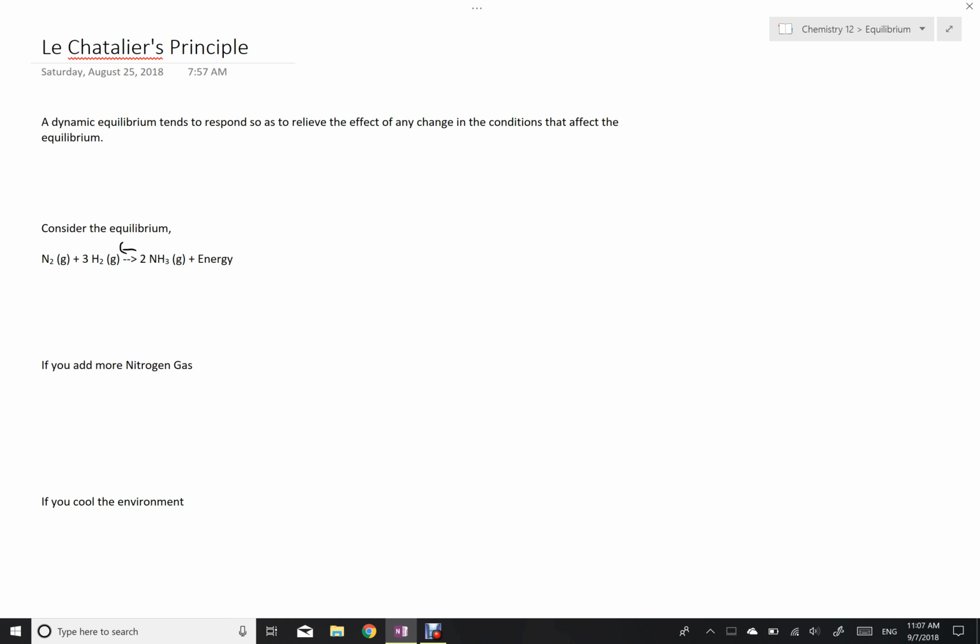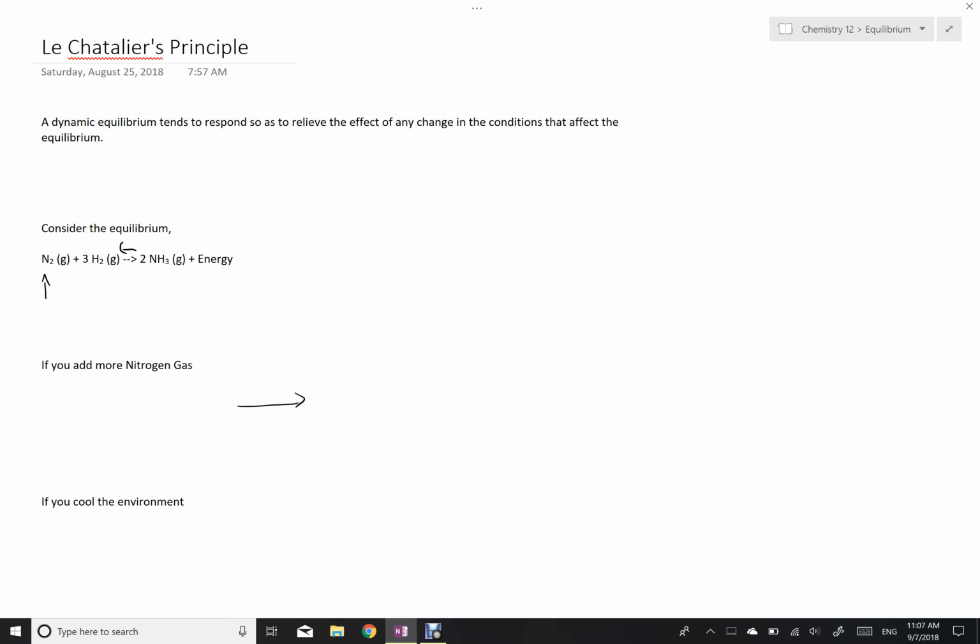So here, in our equilibrium, we're going to imagine that we add nitrogen gas. So we're going to increase this. So what that means then is that the equilibrium will shift to the right. So more ammonia will be produced. That will use up some of the nitrogen gas that was introduced, and as a result, will go back towards the concentration of nitrogen that existed there in the first place.